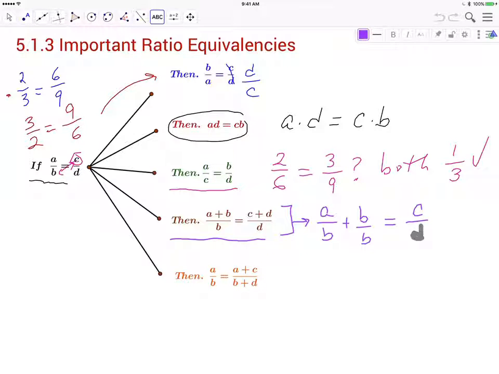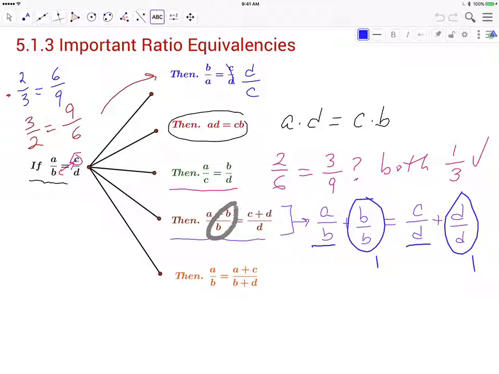C over D plus D over D. And we know right away that this is essentially 1, and this is 1. So in some ways we are taking the original equivalent statement, A over B equals C over D, and we're simply adding 1 to both sides. What it manifests itself as is being able to add the denominator into each of the tops, and that we maintain equivalency, right?